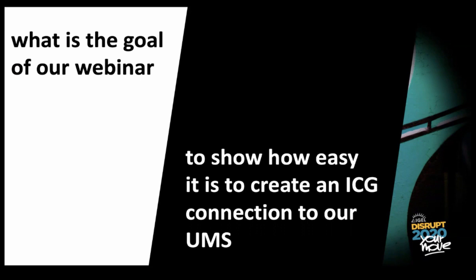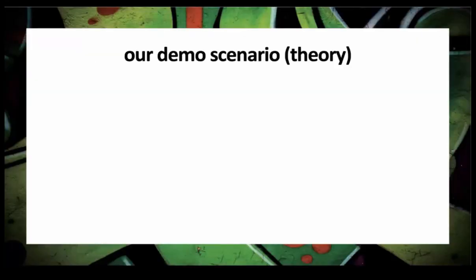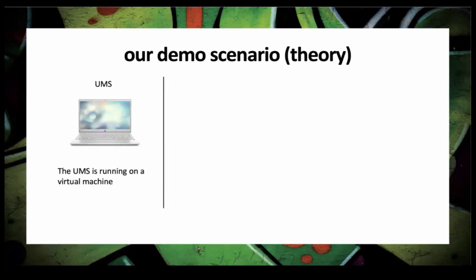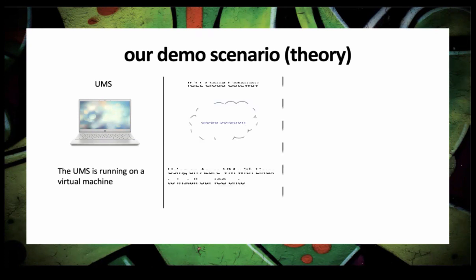Our demo scenario, just to give you a hint on this: we have a UMS running on my MacBook. So I have a VirtualBox installed with some VMs on it, and one is the UMS. We will install the ICG on an Azure VM. We have prepared the Azure VM with Ubuntu and configured it, so we will do the installation.